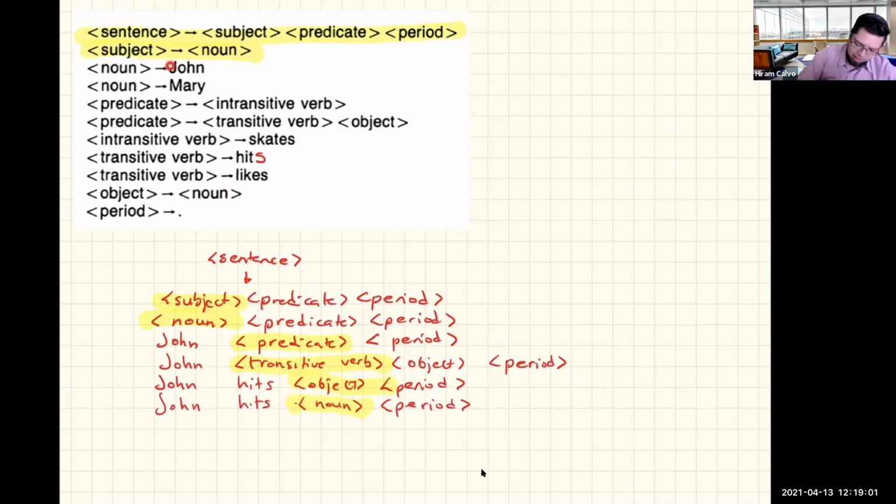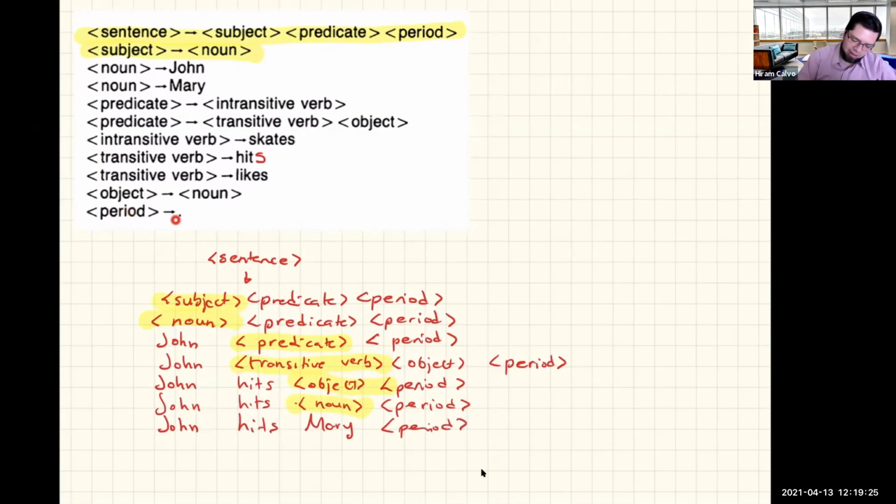So noun can be John or Mary. So just for fun, let's say Mary, because John hits himself is not so fun. Disclaimer: it is not fun to hit someone in any way. We are just playing, okay? So John hits Mary, and then period.